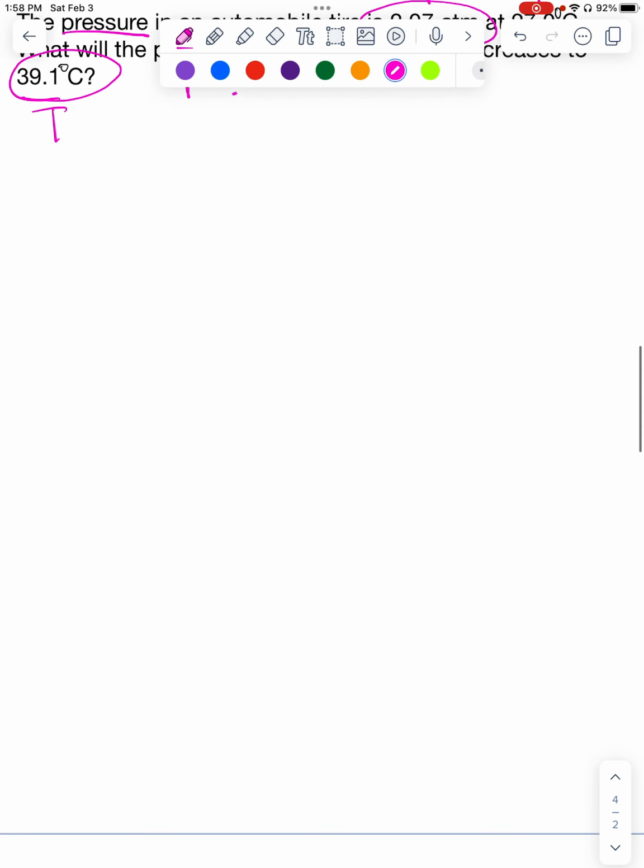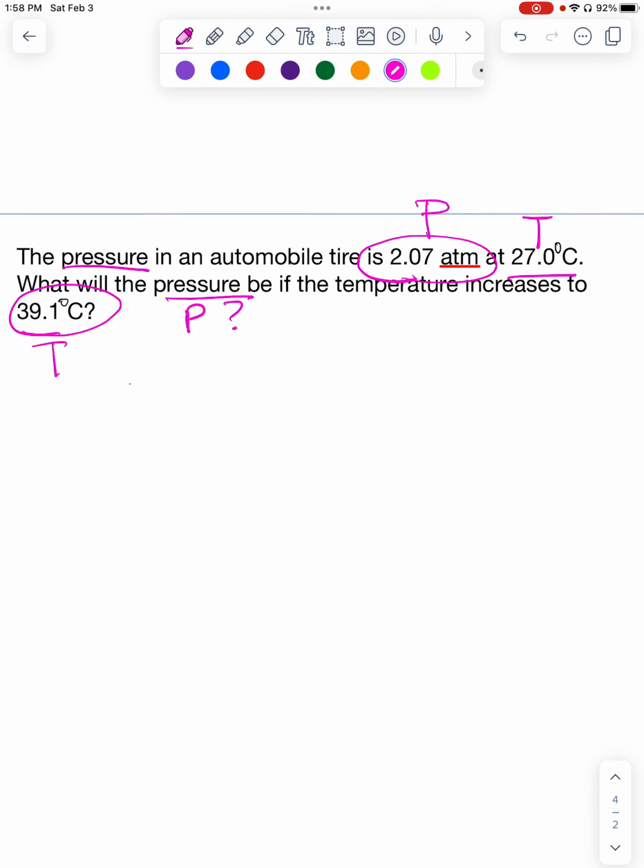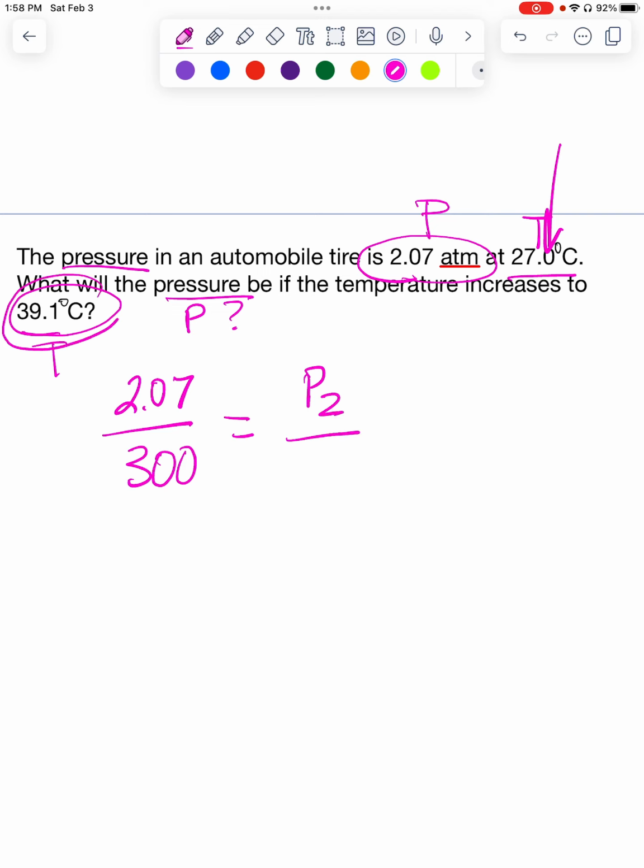Plug in what you know, solve for what you don't. So P1 divided by T1, again, you got to go to Kelvin. And when you add 273, you get 300. I don't know P2. And again, add 273 and you get 312.10.